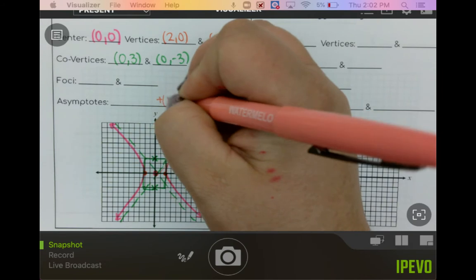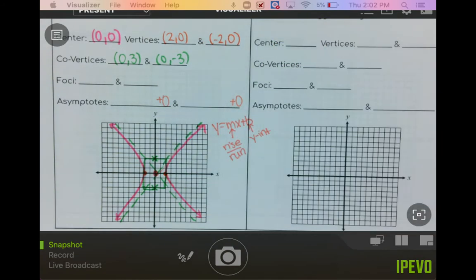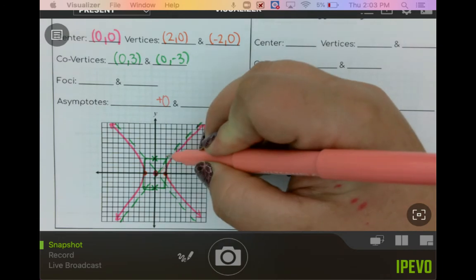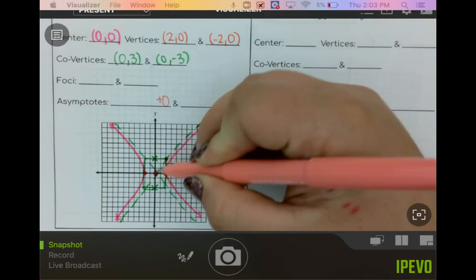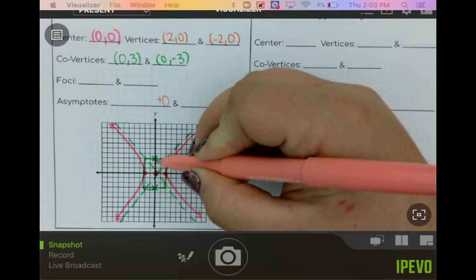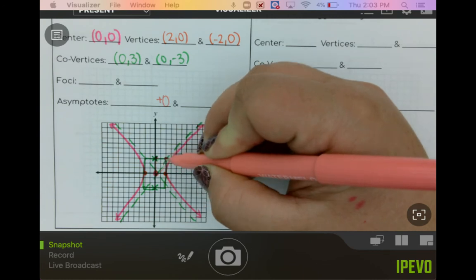But we do have to count the slope. You have the center and you have the edge of the box right here. So you just have to count up 3 over 2. So your slope is 3 over 2 x.